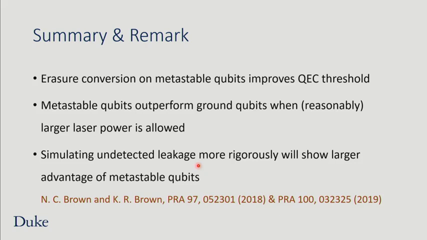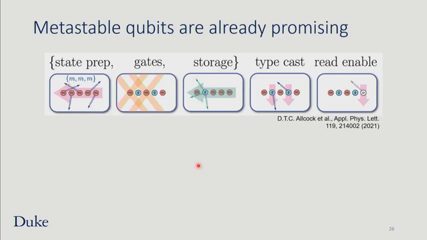So now I'll briefly discuss the prospects for experimental realization. I want to say metastable qubits were already promising before this work. In particular, this very nice work proposed that by using a mixed chain of metastable qubits and ground qubits, you can do mid-circuit cooling and readout, which can replace the mixed species ion chain.